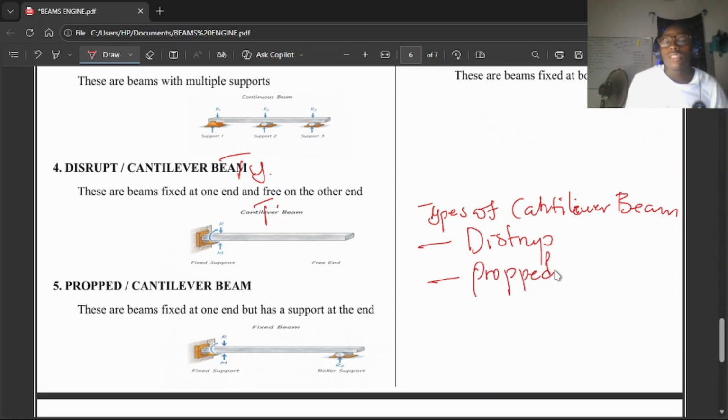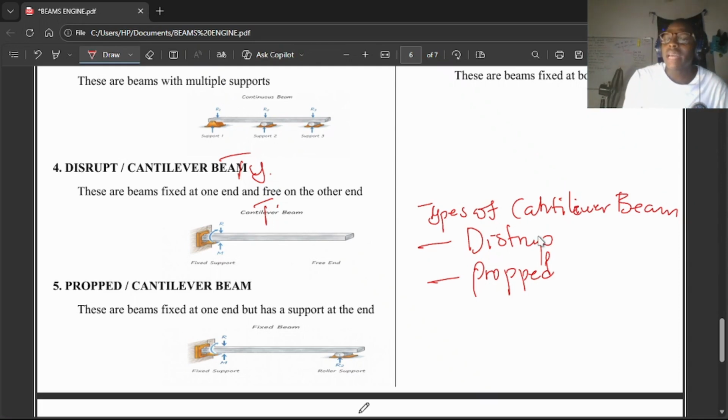So don't get yourself confused. These two types are examples of a cantilever beam. So it's left for you to know the particular cantilever beam which you are considering. Sometimes when they give you a cantilever beam to identify, most of you just put it to be a cantilever beam. Yes, it's a cantilever beam, but what type of cantilever beam are you considering? Am I communicating? Thank you.